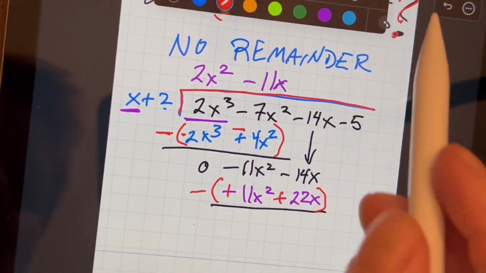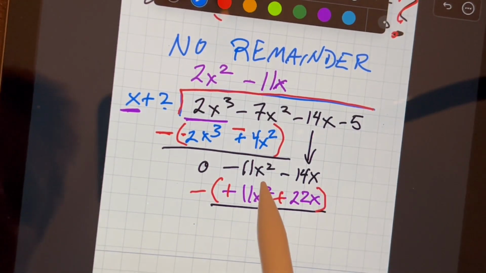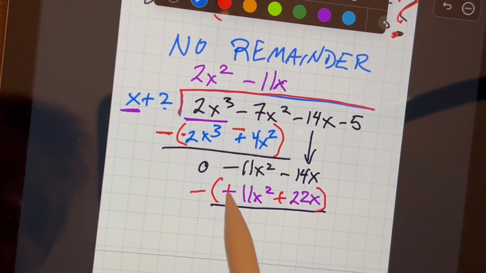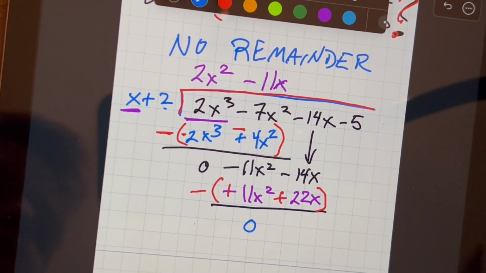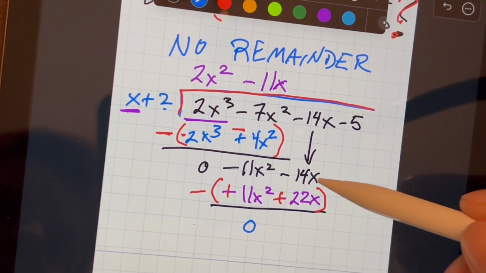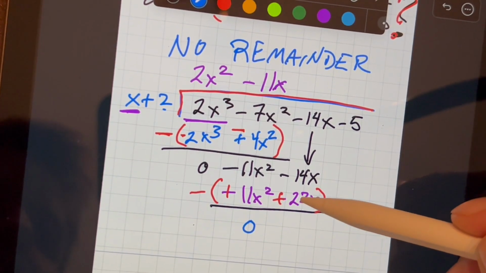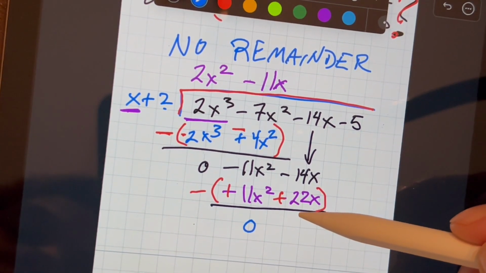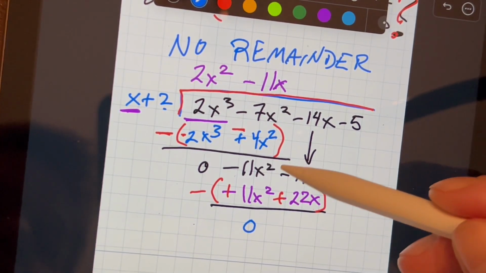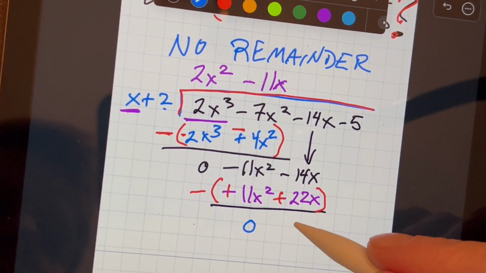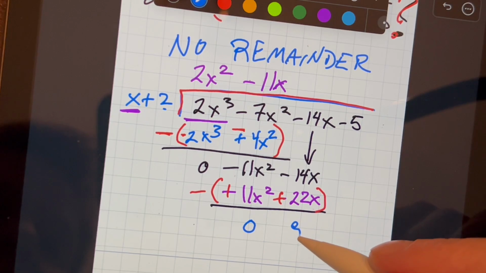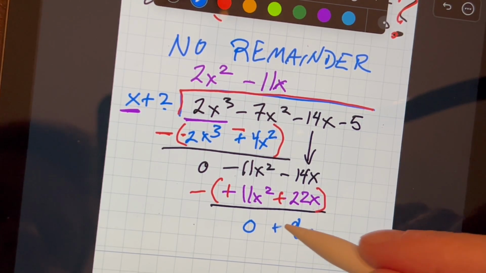So now, negative 11x plus 11x is 0. That's what you wanted. Negative 14x plus 22x, so it's the difference, which is subtraction at its core, of 22 and 14. You can swap this, so it's basically 22 minus 14, which is positive 8x.